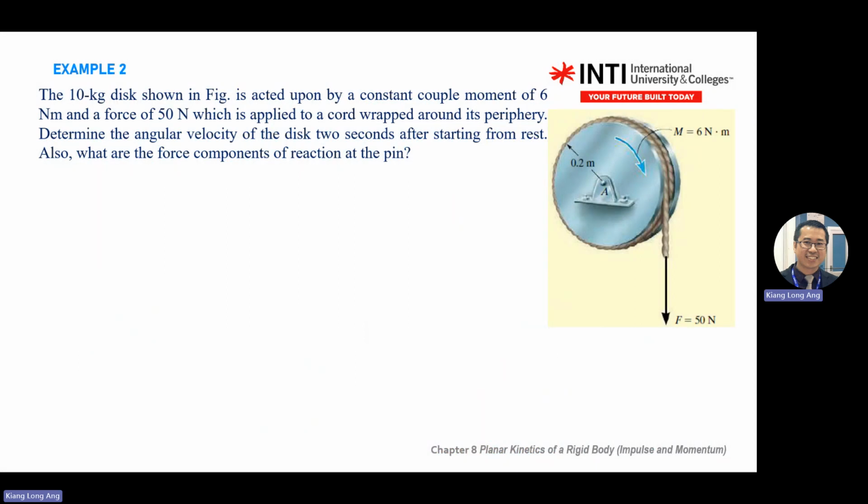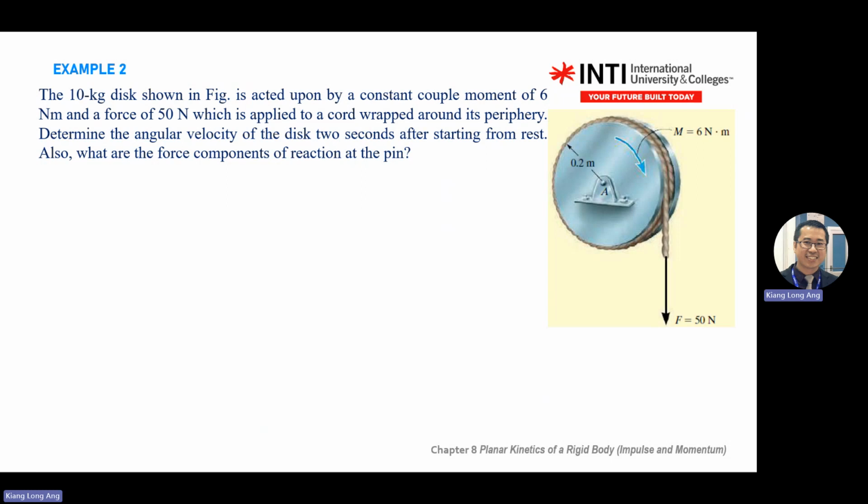So if you have this rotating body, a drum or this with the mass, and you pull with the rope. So when you pull with the rope, this will rotate in a circular motion. And you're given a blue arrow with a moment of 6 Newton meter and a pulling force of 50 Newton.